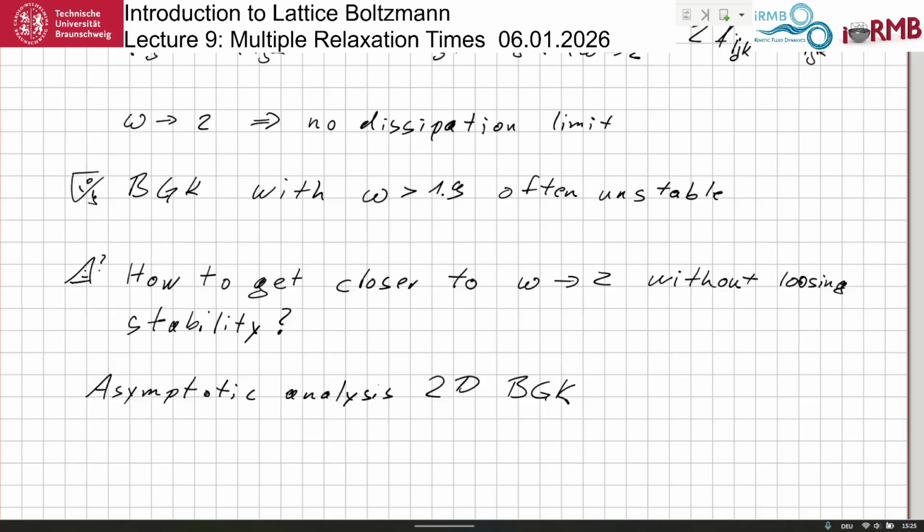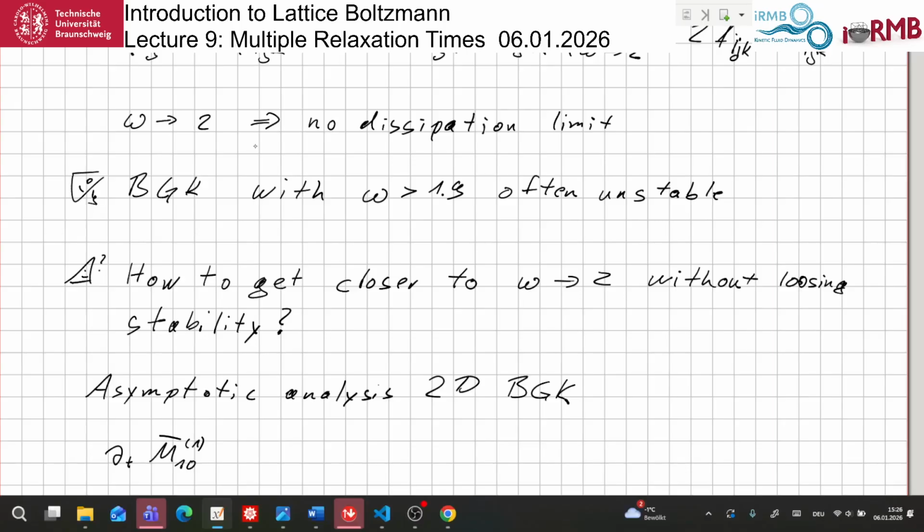And if you understand everything in this lecture, you will know even more. So I remind you, one of our intermediate results was this Navier-Stokes equation in that form, that we had the first order of the moment m10, with an overbar on top of this.